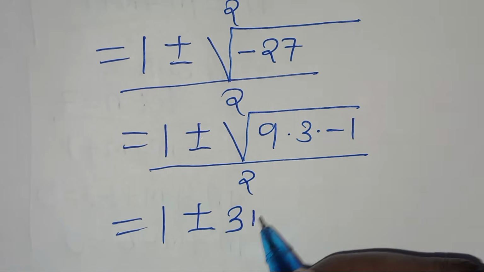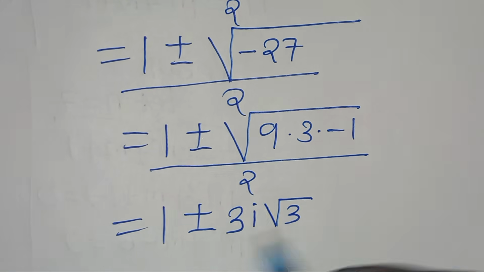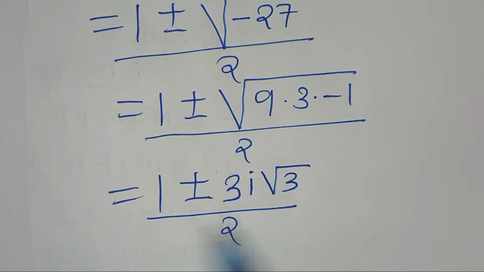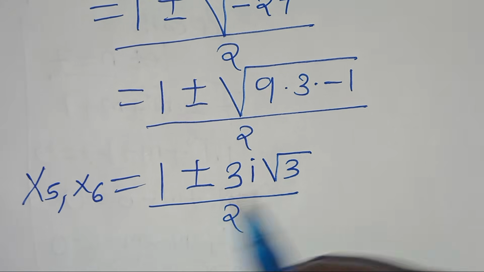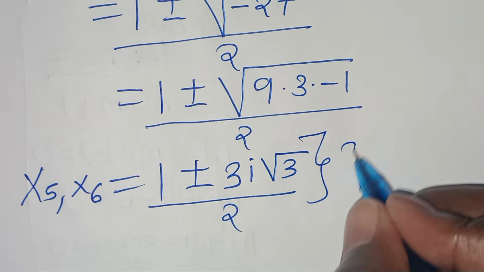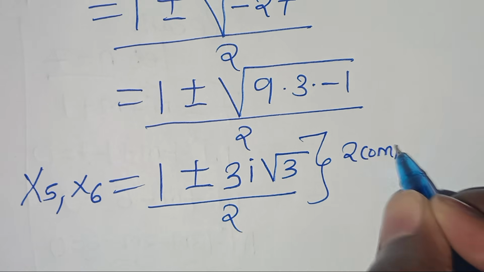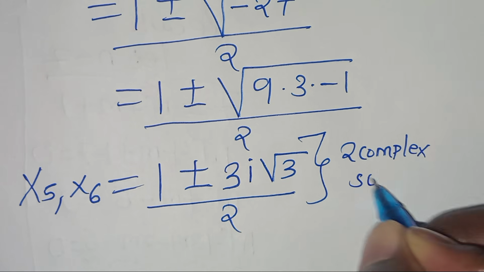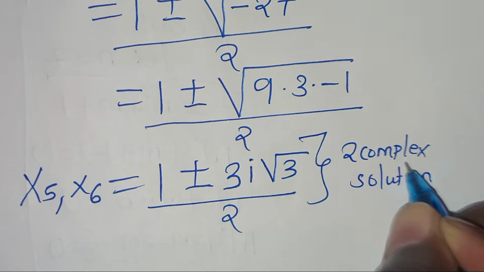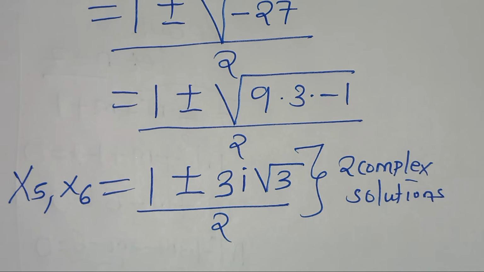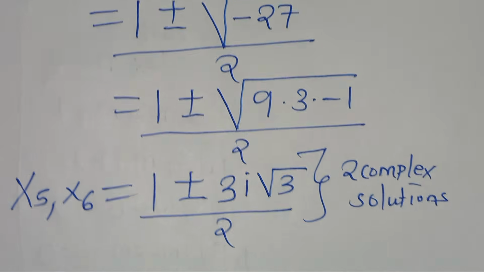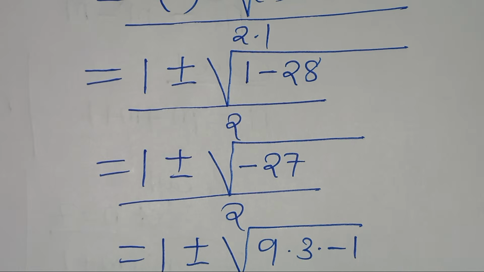Square root of minus 1, this is i, then square root of 3 divided by 2. So this is x5, x6. And again, these are two complex solutions. These are two complex solutions under case 2. So in total, we have 6 solutions. We have 4 complex solutions and 2 real solutions for this algebra problem.